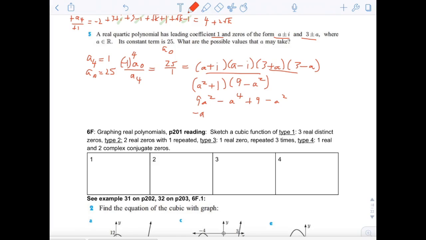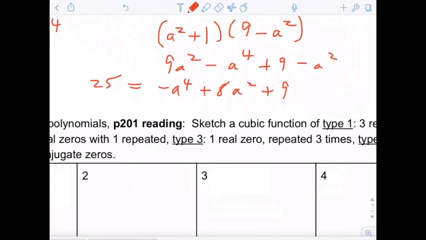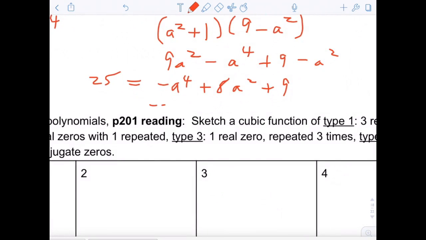So we have negative a to the 4th plus 8a squared plus 9 is equal to 25. So negative a to the 4th plus 8a squared, and then we subtract 25 from both sides, so we get negative 16 here and 0 here.